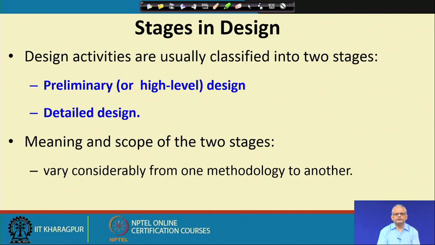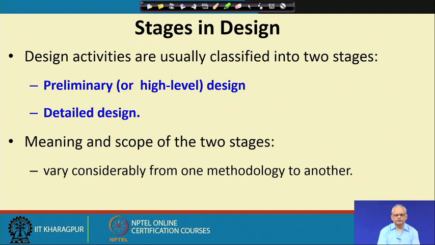As we will see, there is a significant difference in the steps in the procedural and object oriented design, and the meaning and scope of these two vary quite widely between procedural and object oriented design, the architectural design and the detailed design.